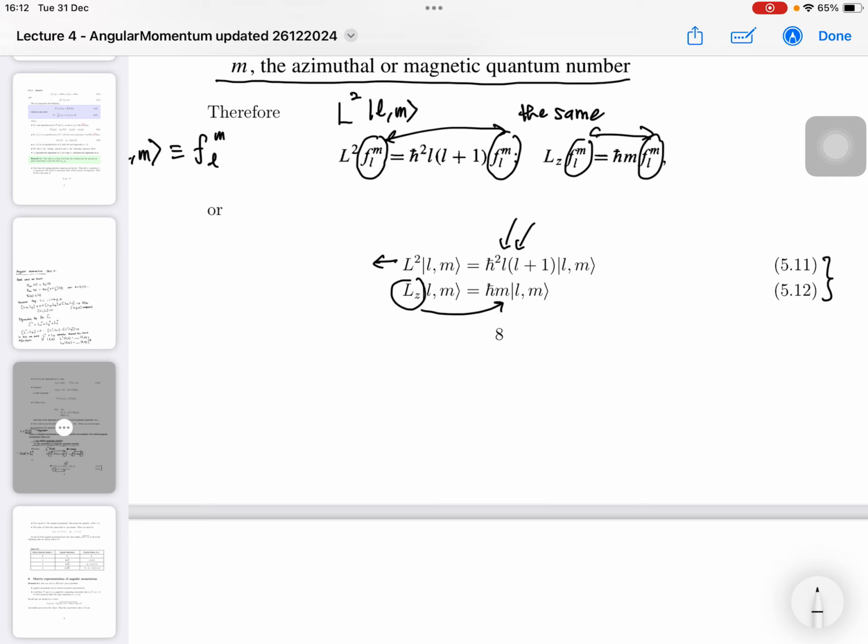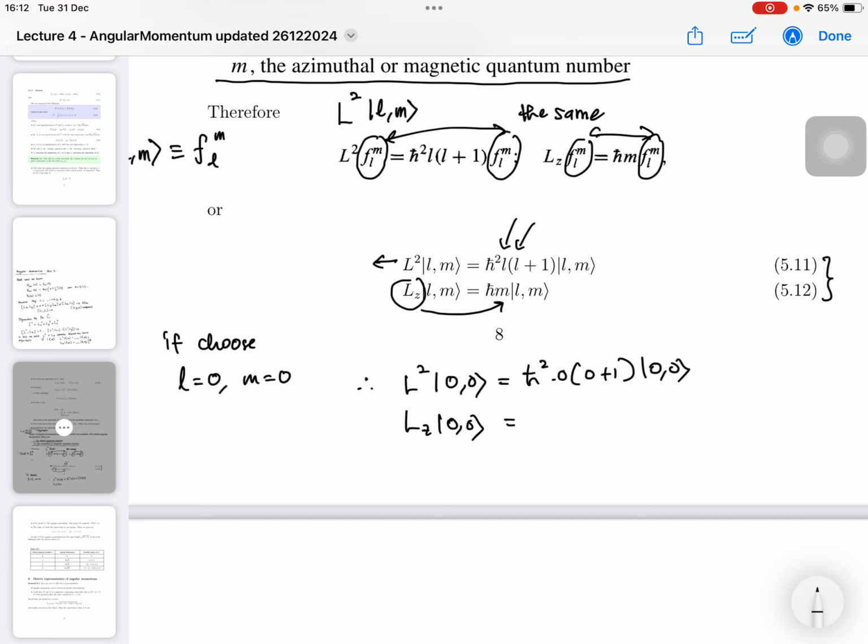So if you choose l = 0, m = 0, you get the eigenvalue of your L squared on |0 0>, and similarly Lz on |0 0>. They just give you the same 0 eigenvalue.